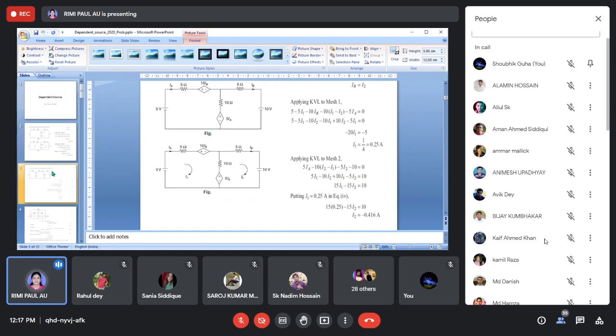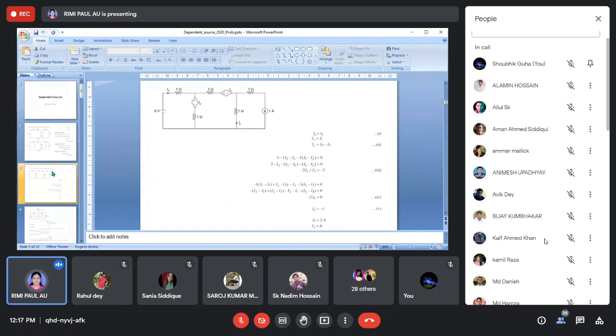The second problem is this. Here you can see that this circuit diagram contains one voltage source, but these two are dependent, and they depend on this current.